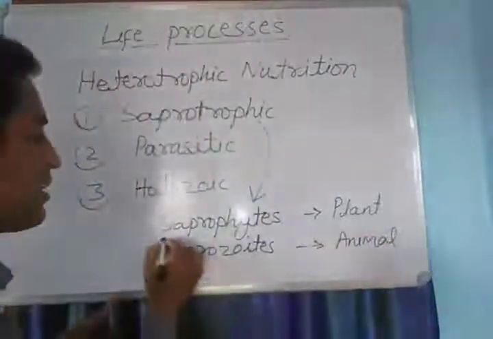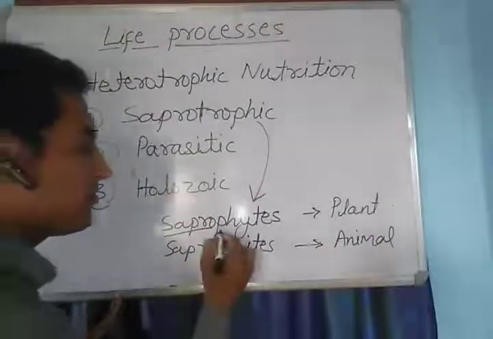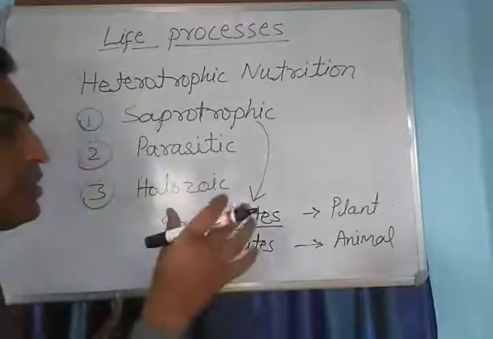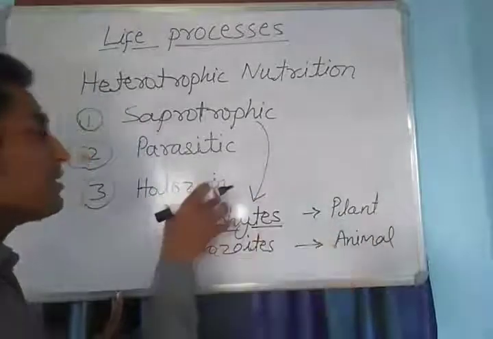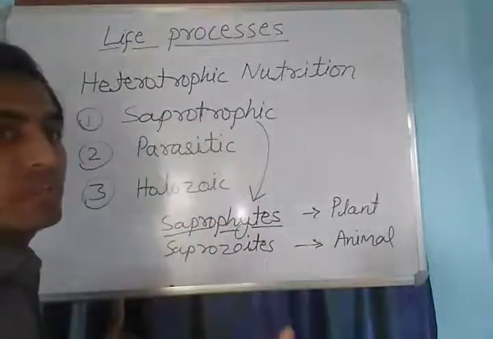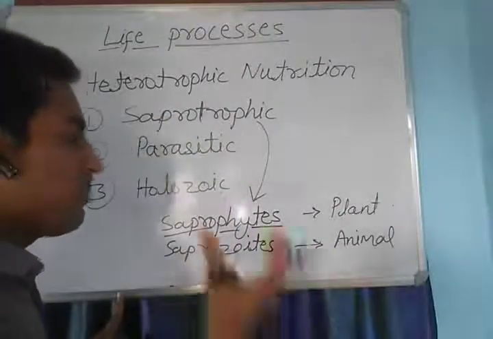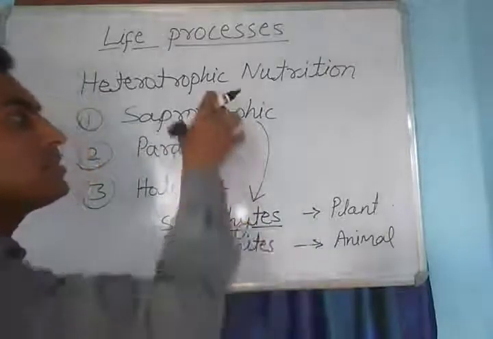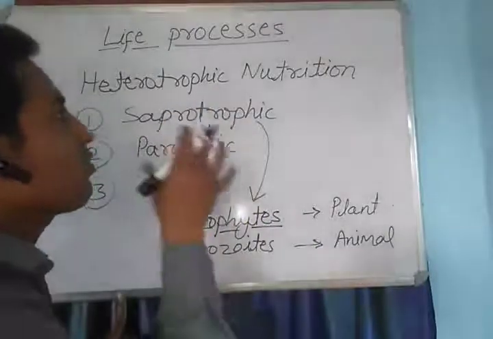Now, sapro means rotten and phytes relates to plants, so some plants represent this mode of nutrition. Saprophytes are the plants that follow saprotrophic nutrition.